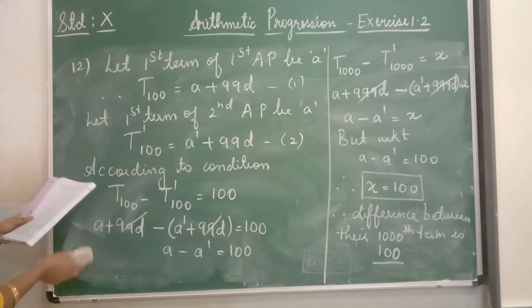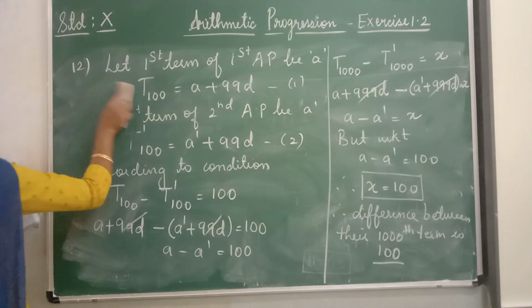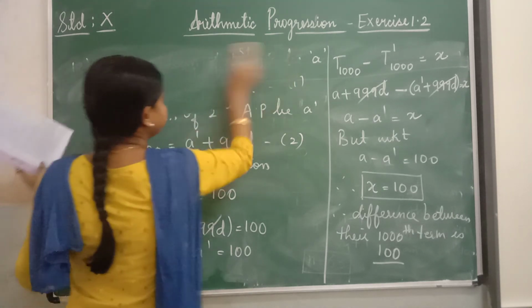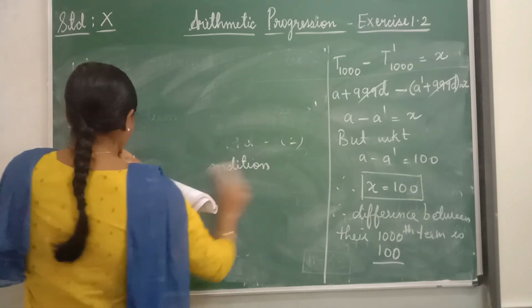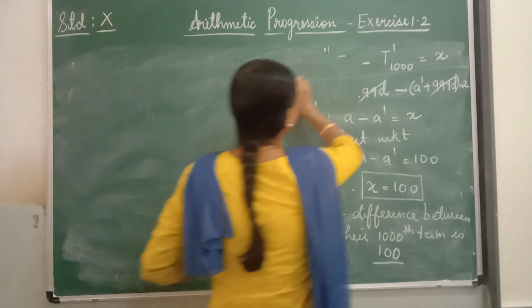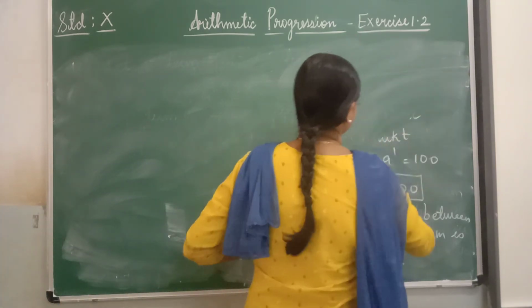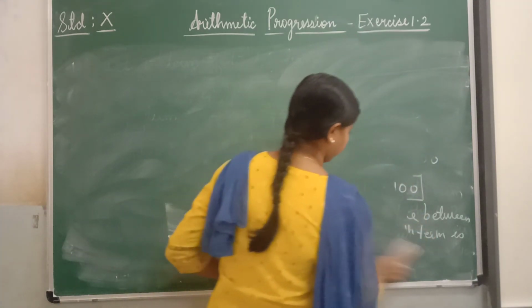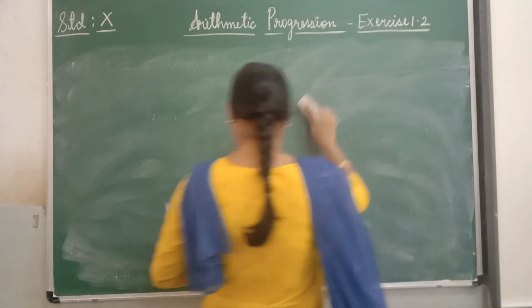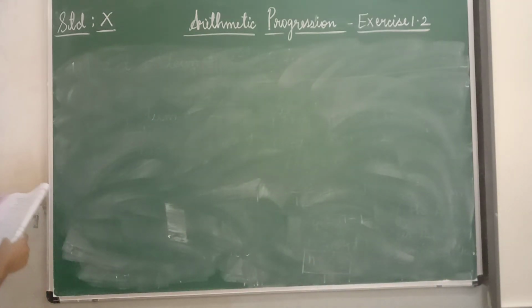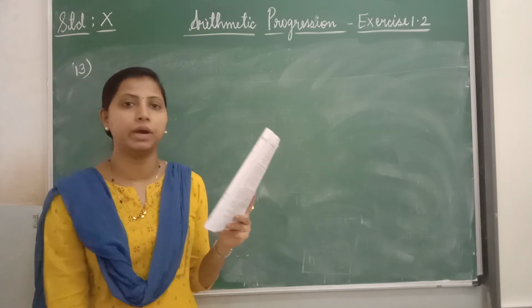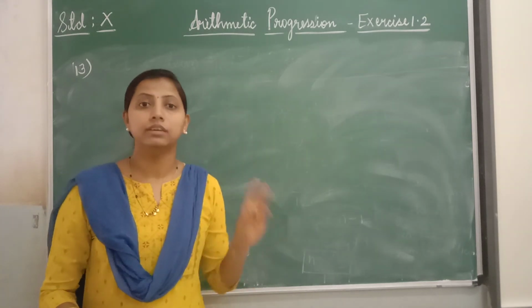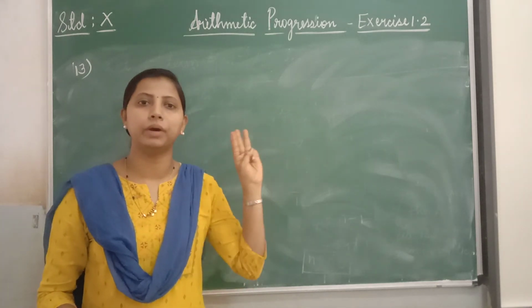So now let's move on to the 13th question. The 13th question of the exercise is, how many 3-digit numbers are divisible by 7?